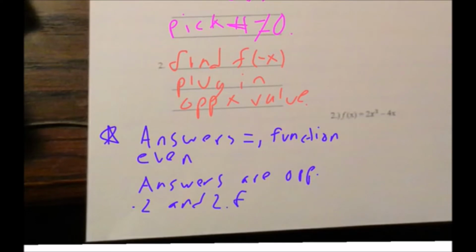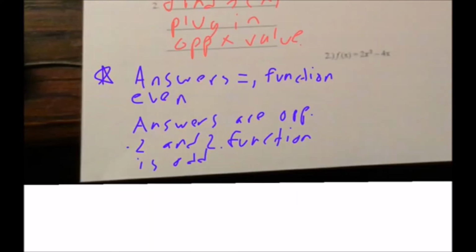Then the function is odd. And if you get an answer like, well, the answers aren't equal, so if you got like 2 and 17, then the function is neither.